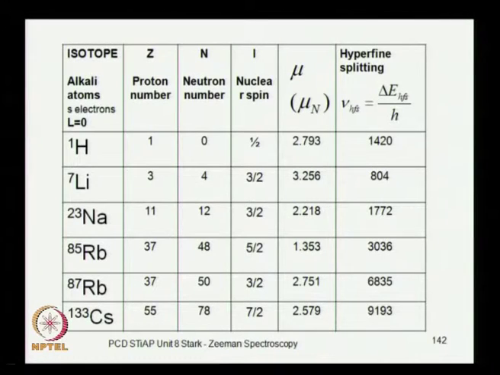So here is a table in which some of the alkali atoms are listed, and you notice that the number of neutrons over here is even. So these are good candidates to condense, and they have a certain nuclear spin.